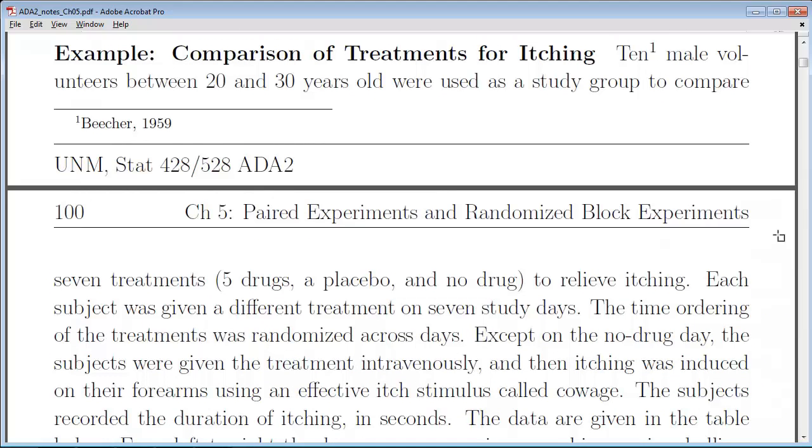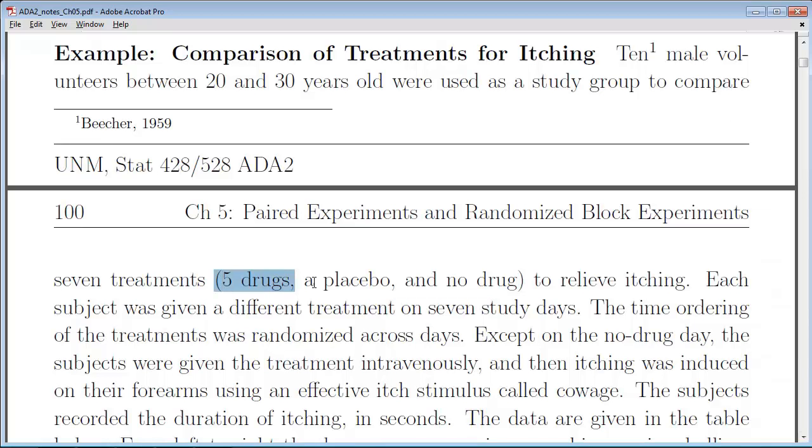All right, so let's look at an experiment here. This is an experiment I love. It has to do with treatments for itching. So we've got 10 male volunteers between 20 and 30 years old, basically college students, who were used as a study group to compare 7 treatments.